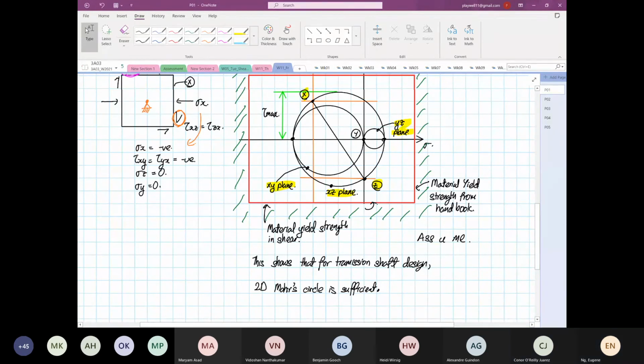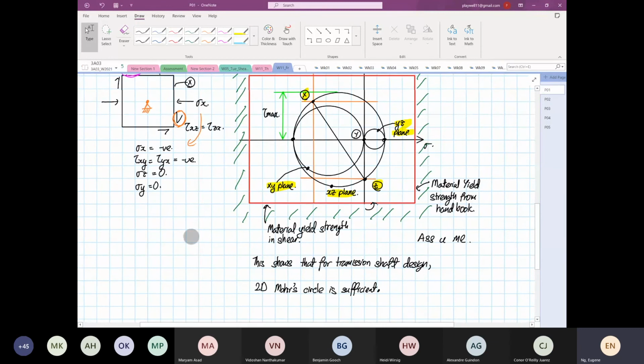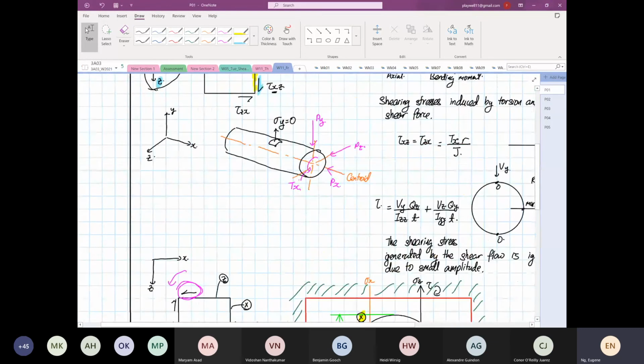It will not be so unique if our shaft is hollow and you force water or high pressure fluid into the shaft, because it's going to generate a force in the Y direction. So for our case, it's unique.